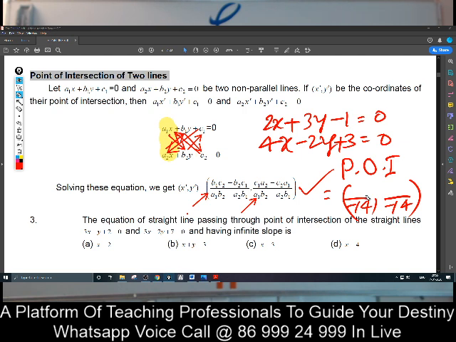If you want the numerator of x, close x and cross multiply: 9 minus 2, 7. And for the numerator of y, close y and cross multiply, not from the left side but from the right side. So minus 4, minus 6, minus 10.